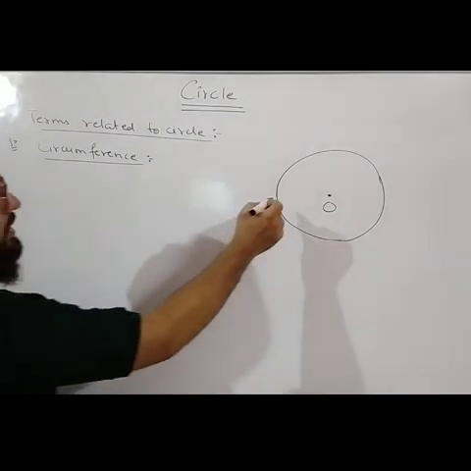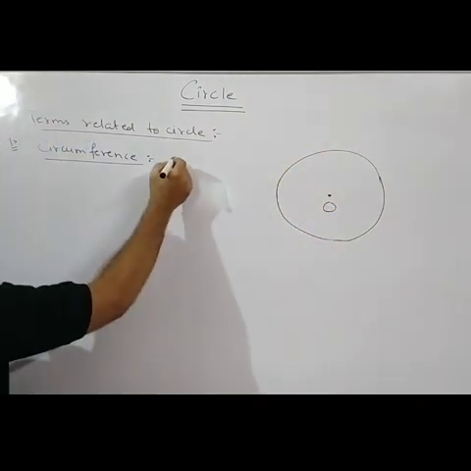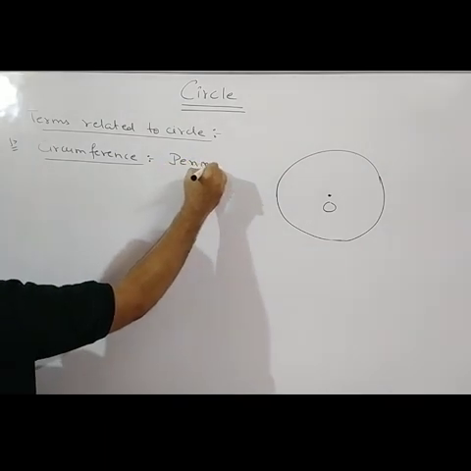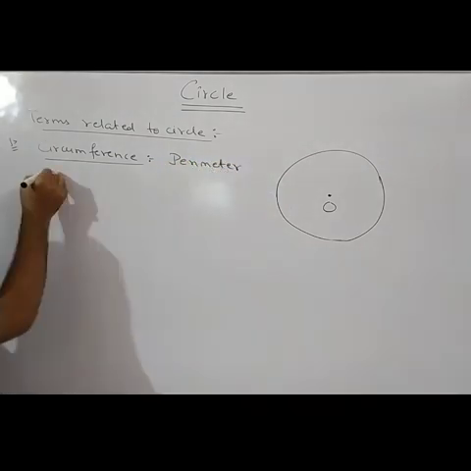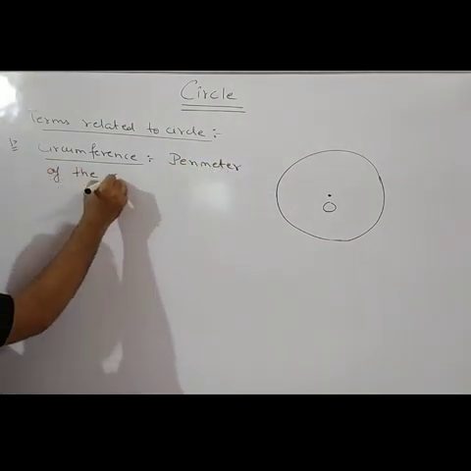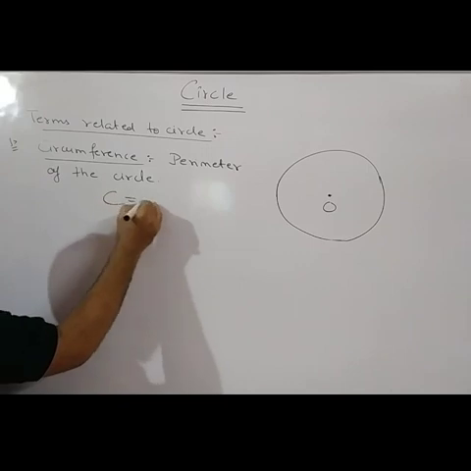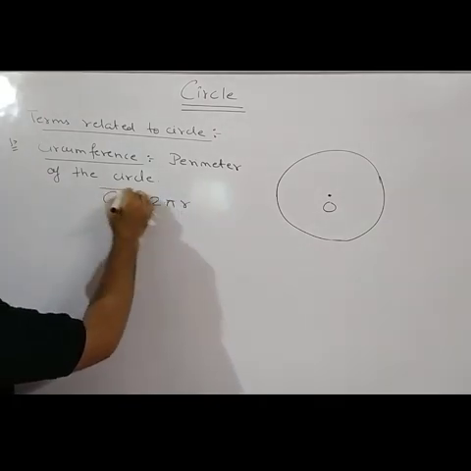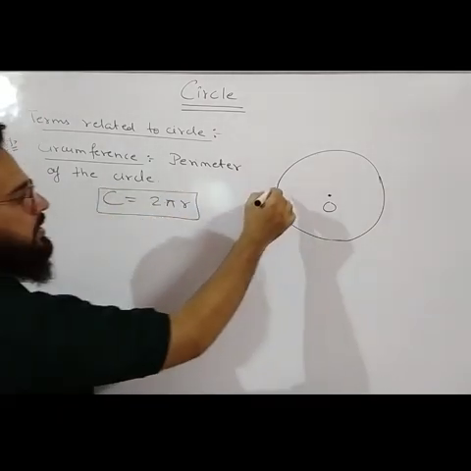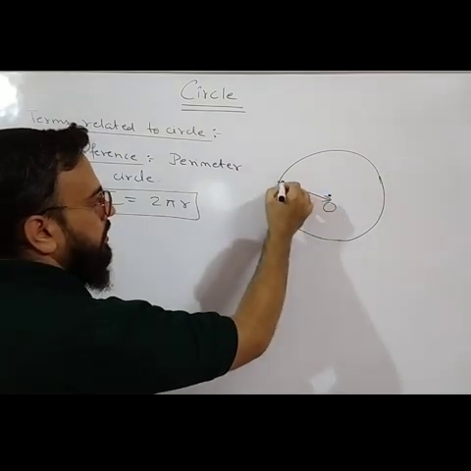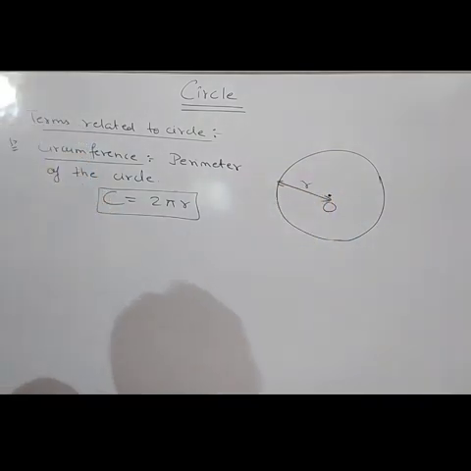Circumference is the perimeter of the circle. It is called circumference. And its formula is given by C is equal to 2 pi r, if the radius is r. So circumference is given by 2 pi r.